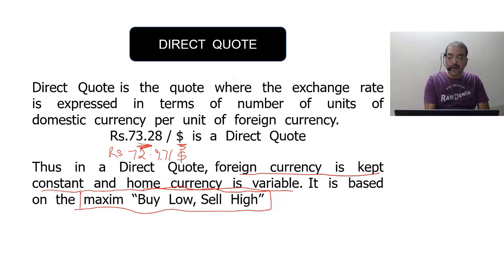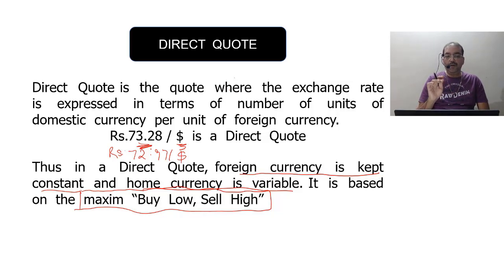When it is 72.97, then buy dollars. Sell high. Sell when it is 73.28. When this left hand side value is high, then sell. When the left hand side value is low, then buy. Okay? Buy low, sell high. That is the rule, that is a maxim, that is a principle of direct quote.